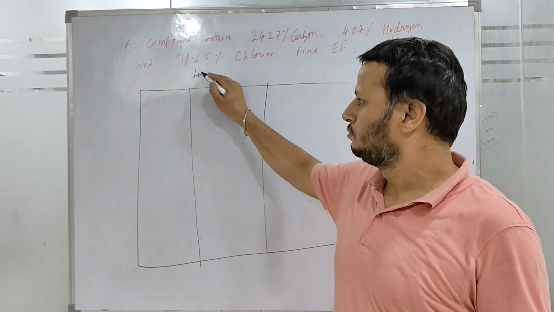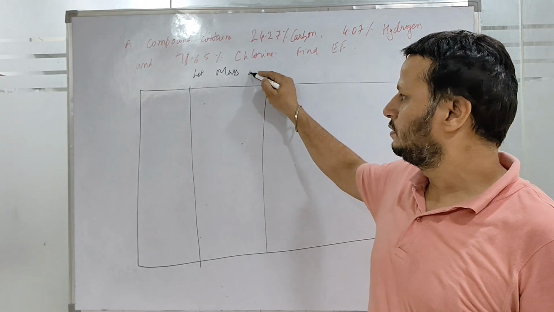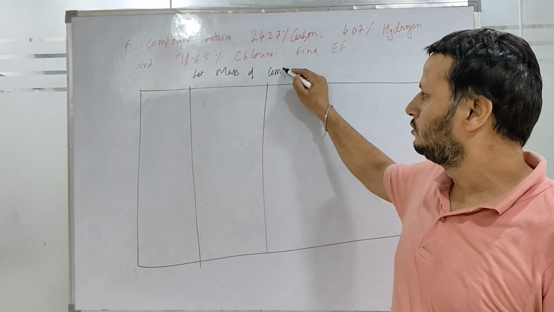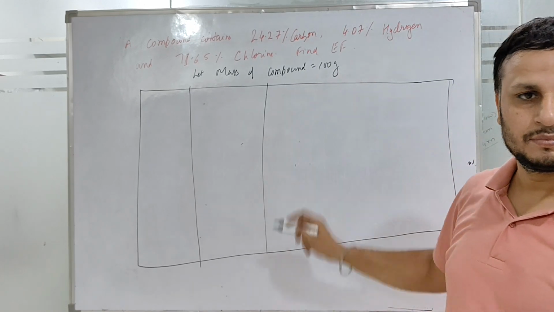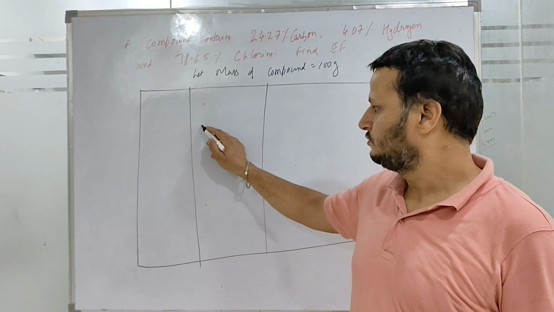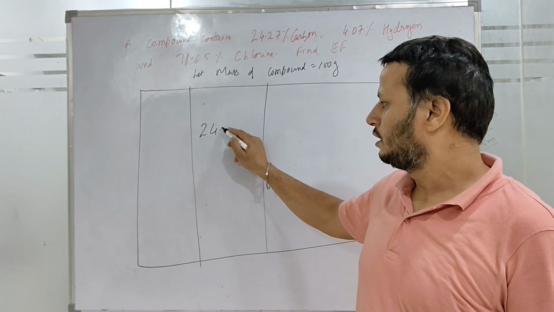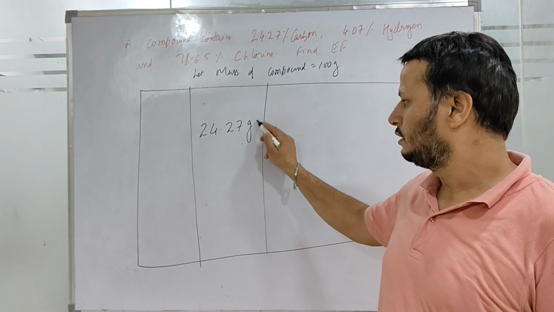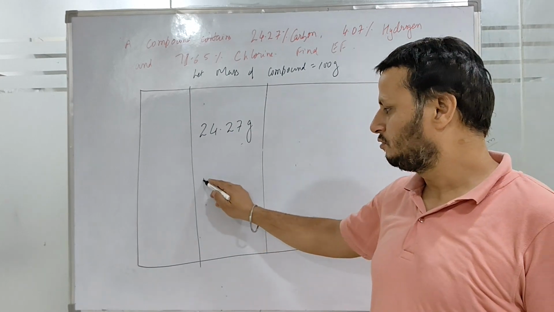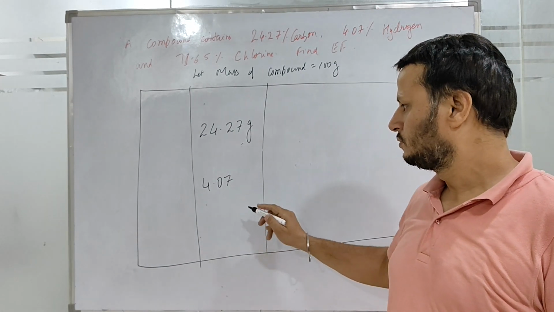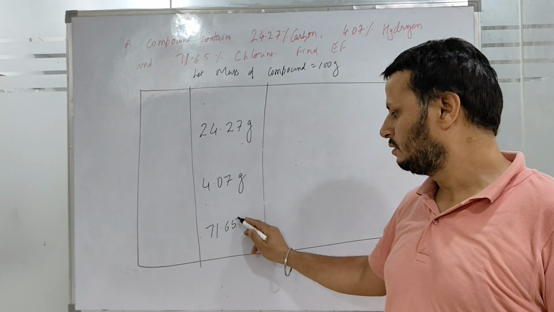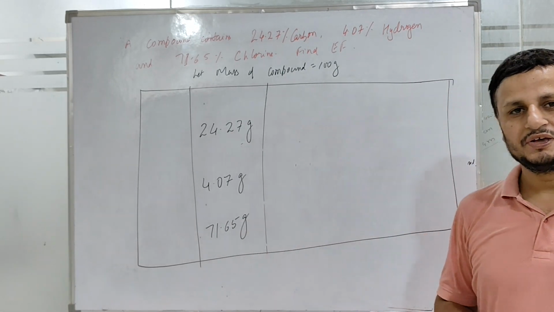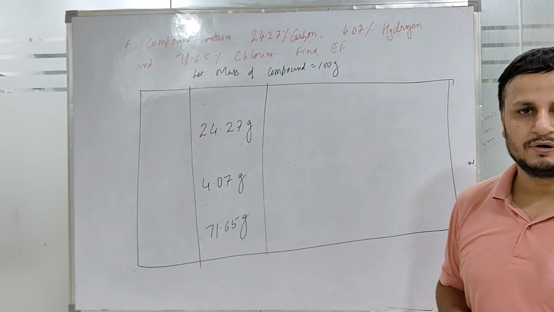What we will do in case of percentage, we will take let mass of compound is equal to 100 ग्राम। तो जो परसेंटेज गिवन है कि कार्बन is 24.27%, it will become 24.27 gram, hydrogen 4.07 gram and chlorine 71.65 gram.